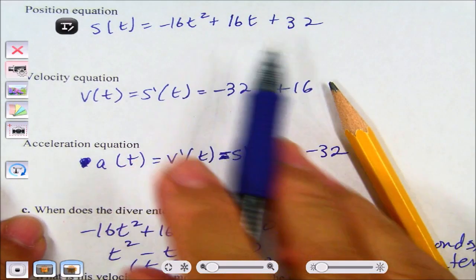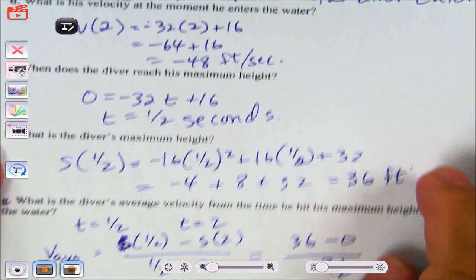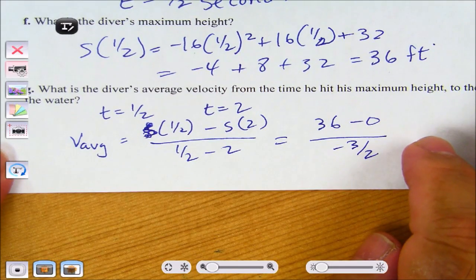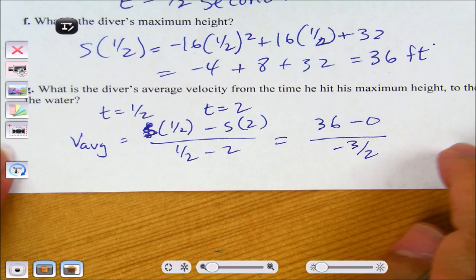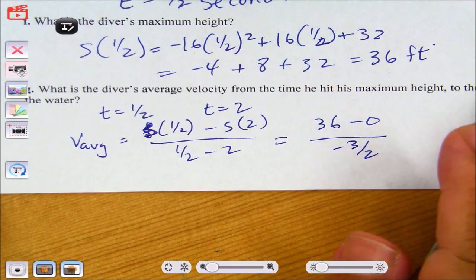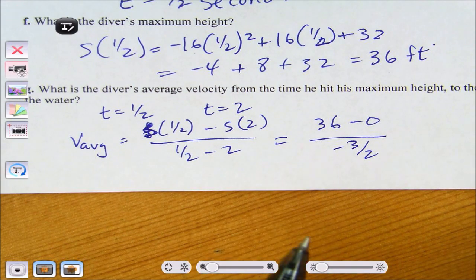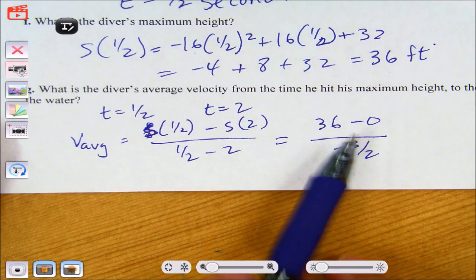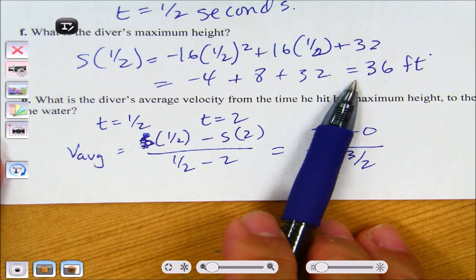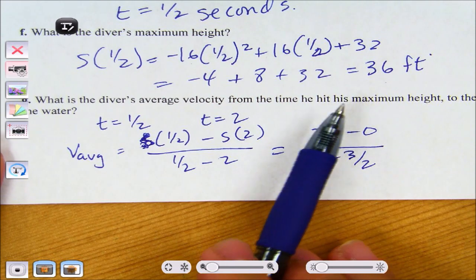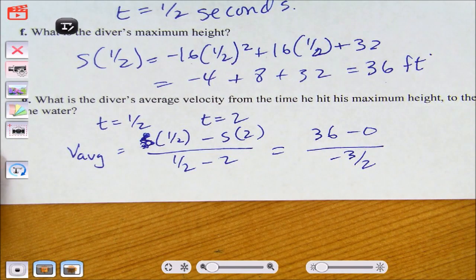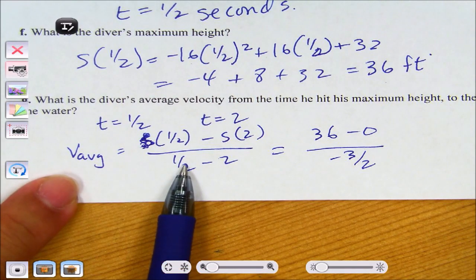S of 1/2 is equal to 36, we just found that in the previous part. It's not s times 1/2, it's s of 1/2. This is functional notation.